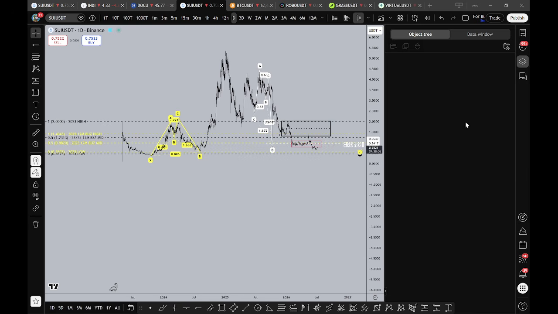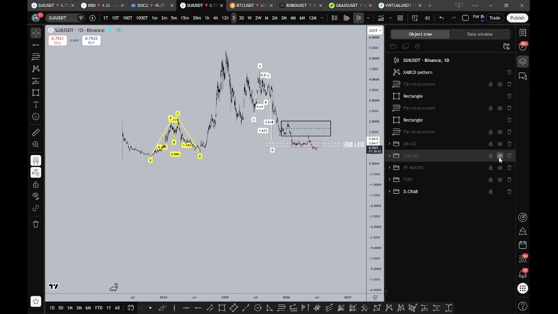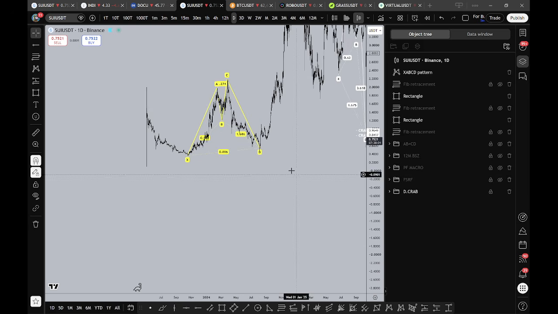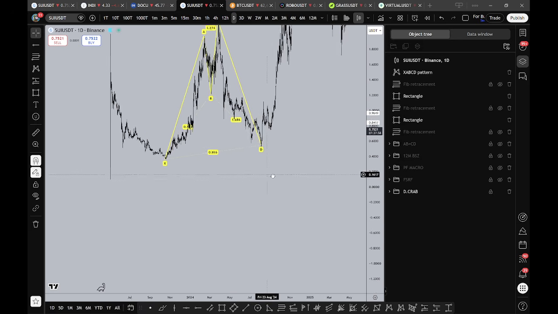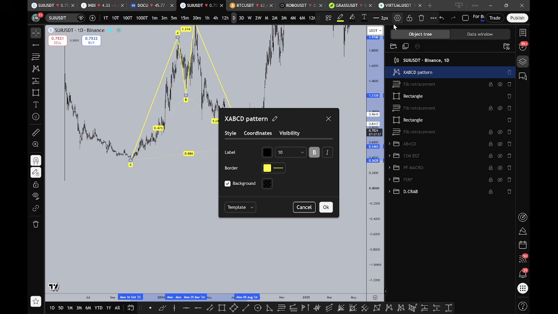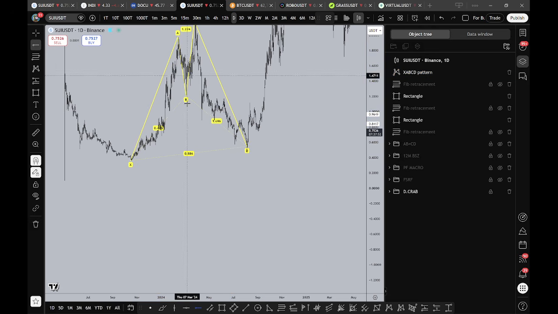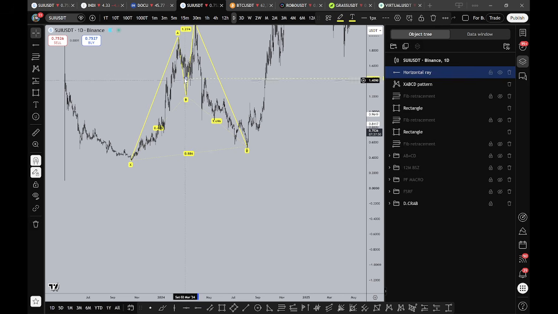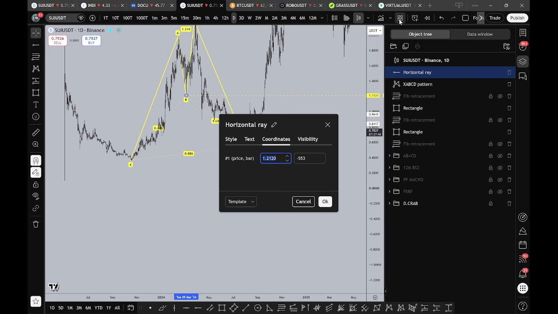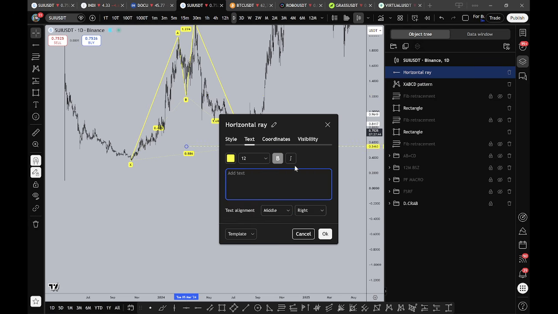So I'm actually going to draw this M shape's PRZ on. Okay, so we have the 0.886 right over here. This is the shark, 0.886.